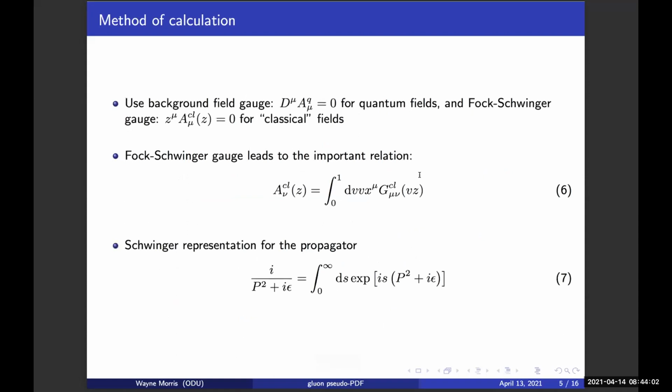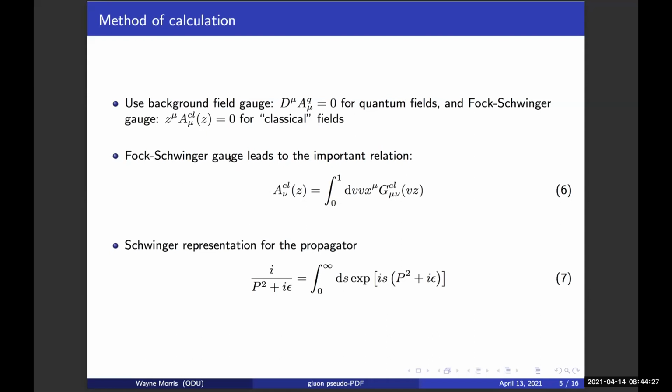So from there, you have two different gauges we use for the two different types of fields we're looking at. For the quantum fields, we use this background field gauge, which at this order in the calculation coincides with the Feynman gauge, and then the Fock-Schwinger gauge for the classical fields, which is this Z contracted with the classical A equals 0.